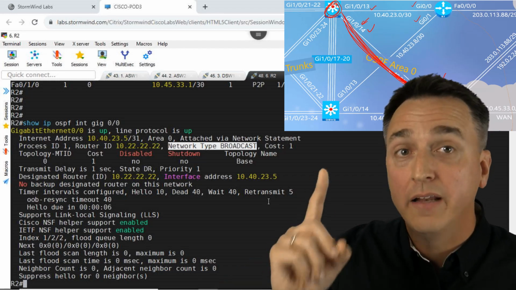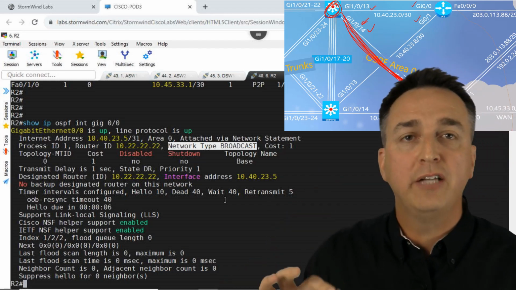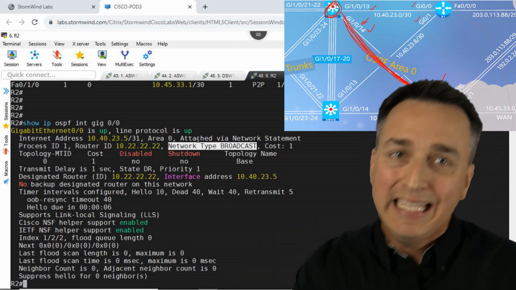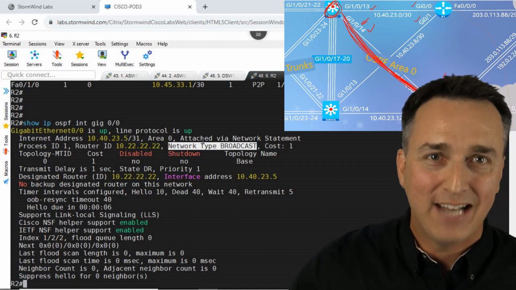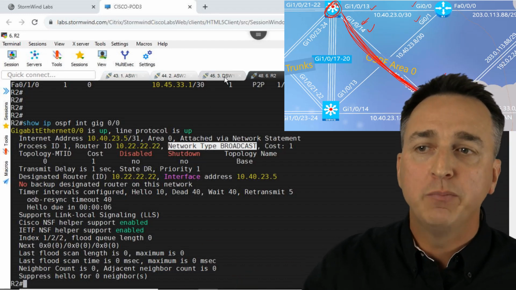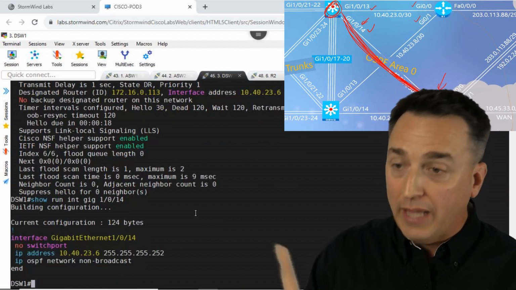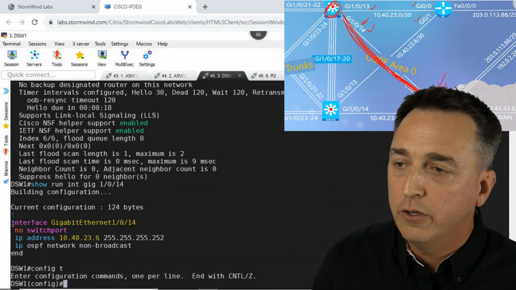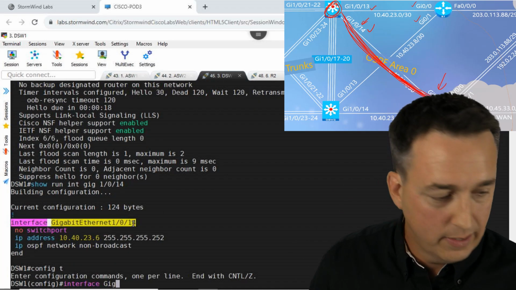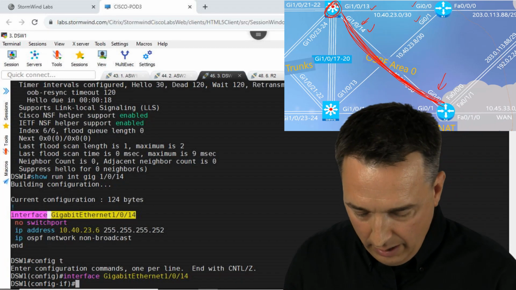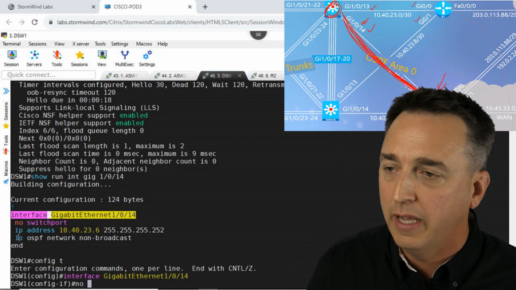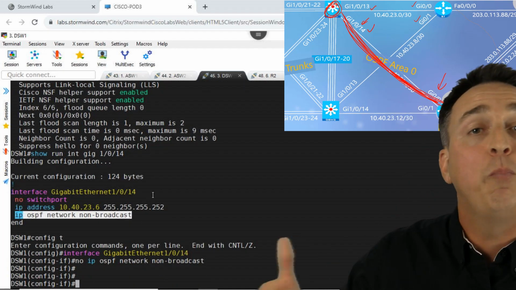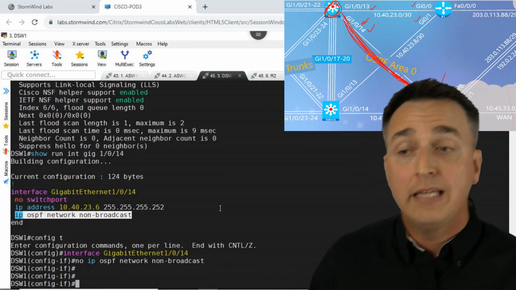All right, so with that in mind, we want to make sure the network type matches so we don't end up with other issues like timer mismatches that could cause my neighborship not to form. So that's the one thing we've got to solve. We'll type in configure terminal, interface gigabit Ethernet 1/0/14, and then no IP OSPF network non-broadcast. Just take it right out of there, and it'll go back to the default of being broadcast.